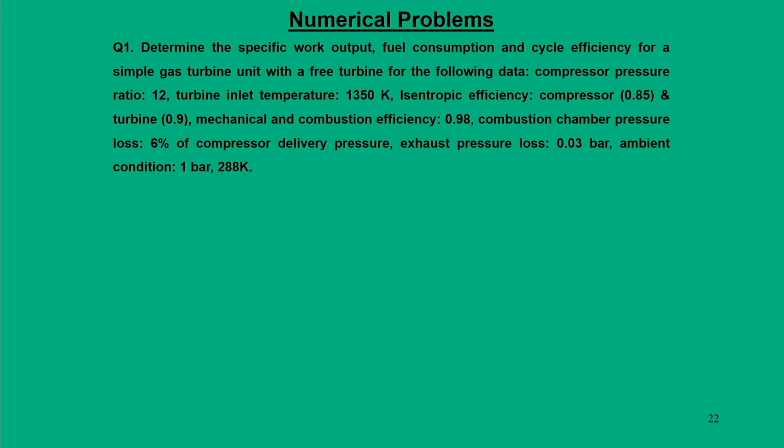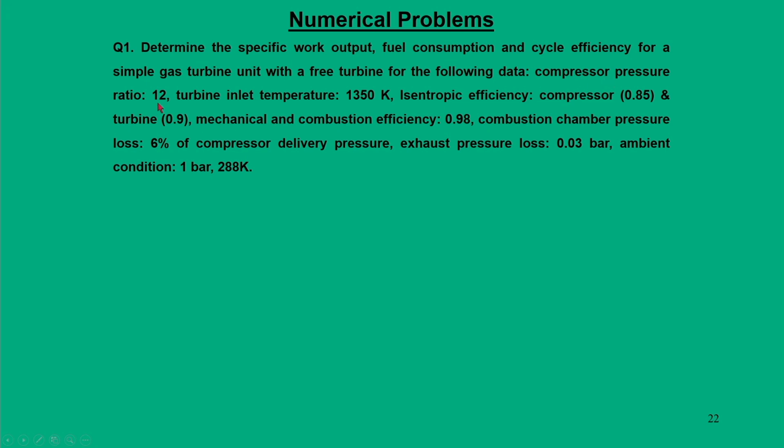Now let us see one numerical problem. The problems are similar to what we have done in earlier lectures, but here we introduce the component efficiencies, in particular in terms of stagnation temperatures. That is the philosophy. For a gas turbine engine we need to find the specific work output, fuel consumption and cycle efficiency, with the following data.